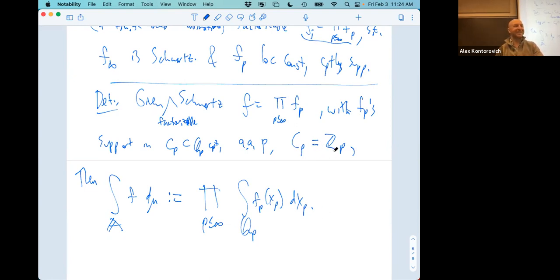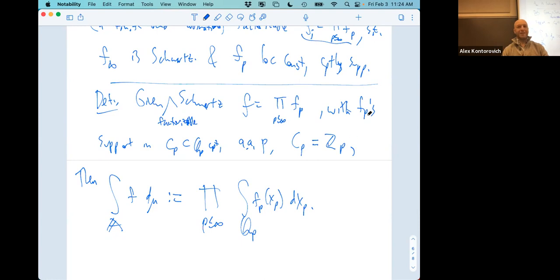But then I shouldn't write contained in, because they really are equal. They have to be equal because I assume that the f_p were identically 1 on Z_p, not 1 or 0, which would be the indicator function of some subset of Z_p. And how do they behave off C_p? Well, they're 0. Their support is Z_p.